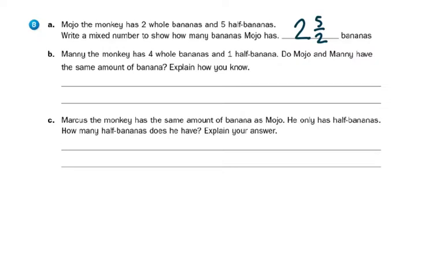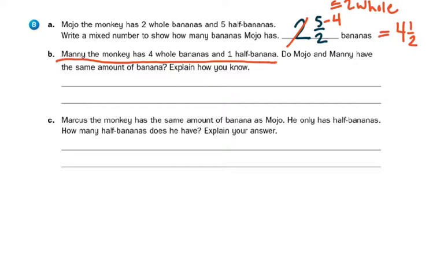Well, if Mojo took 4 half bananas, so if he took away 4 of those half bananas, that would equal the same thing as 2 whole bananas. So if we added 2 whole bananas onto that, because he took those 4 halves to put them together to make 2 wholes, he would end up having 4 and a half.